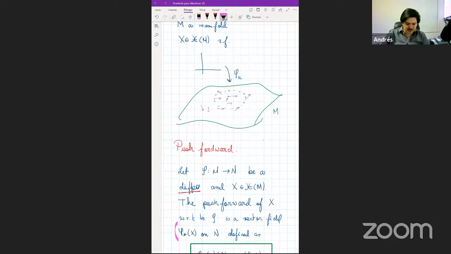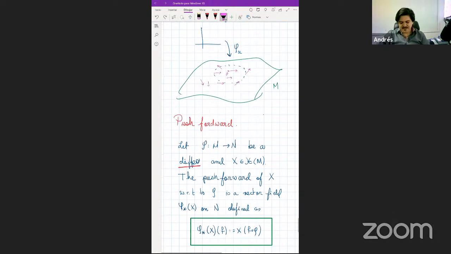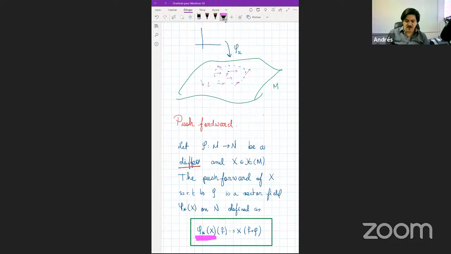That vector field is called the push forward. And it uses this notation that we have used before. And this is the definition of the push forward. So this is a vector field on M. So if I have a function and I have a vector field, how do I define this?